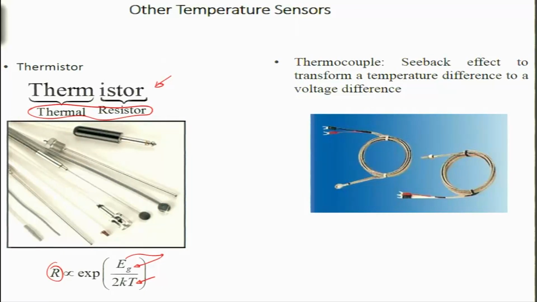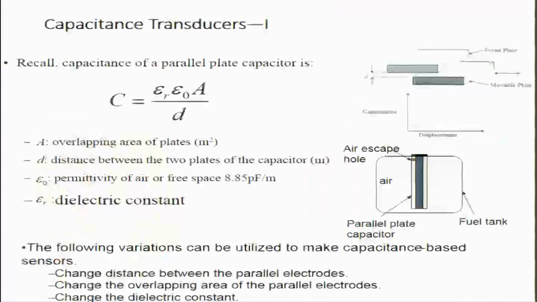So it depends on the temperature state that the electrons are in and the band gap energy between the valence and conduction bands of the material. Another form of temperature sensor is the thermocouple, based on the Seebeck effect. They transform a temperature difference into a voltage difference. These are some of the commonplace temperature sensors available.